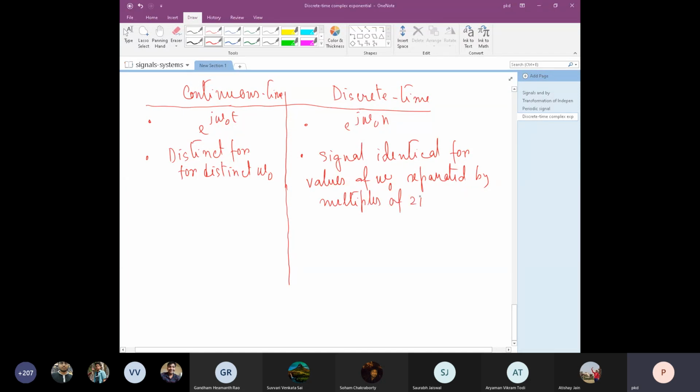So here, suppose I have 1 radian per second, and then I add twice pi. Okay, so that is twice pi by 1 into t. So that is a distinct sinusoid. But here, if we add twice pi, that will not be distinct because of the observation that we have seen.